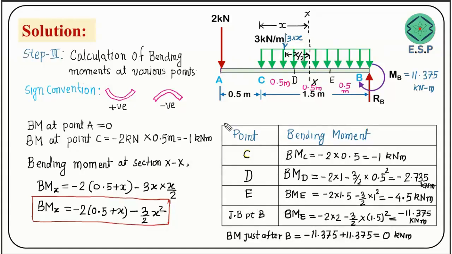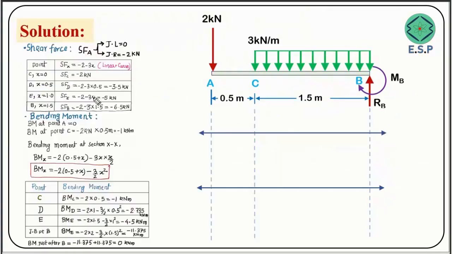So the next step would be to plot the variation of shear forces and bending moments, and that plotting is called the shear force diagram and bending moment diagram. So let's do that also. Friends, here I have written the complete information about shear force and bending moment. We got shear force at A, just left 0 and just right minus 2 kilonewton.